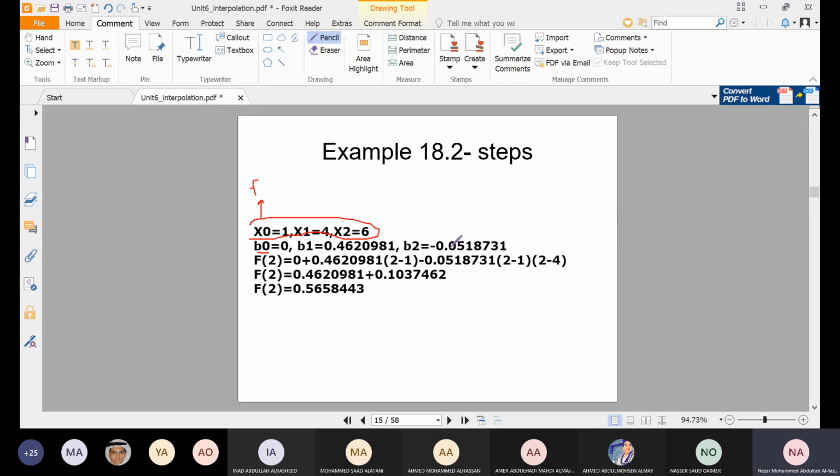And then I will substitute these parameters in the function. By doing this multiplication, I will get this calculation. After that, I will compute the estimation of the function of x when x equals this value. So this is our estimation, with error equal to 18.4%.